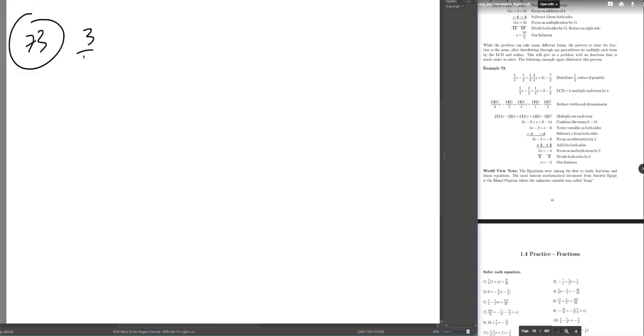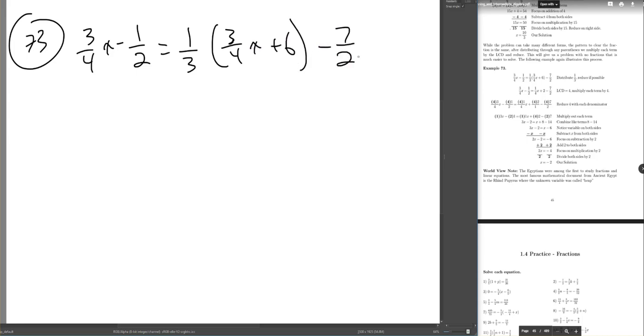So that's 3 over 4x minus 1 over 2 equals 1 over 4x plus 2 minus 7 over 2. Look how badly I'm writing. Now they're saying get rid of this.